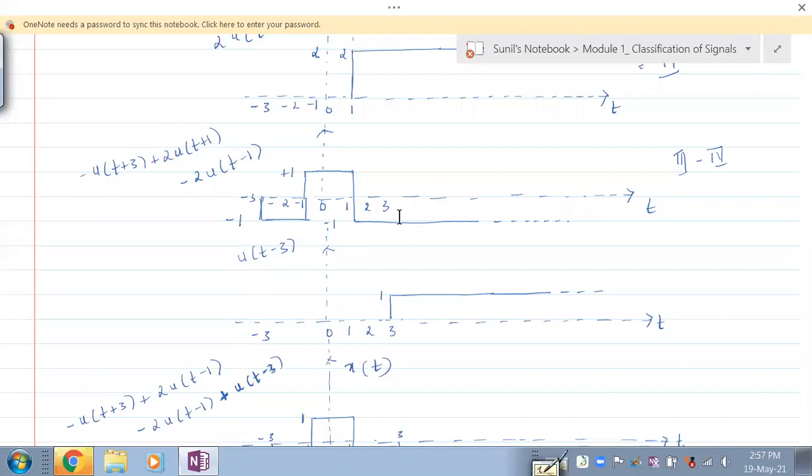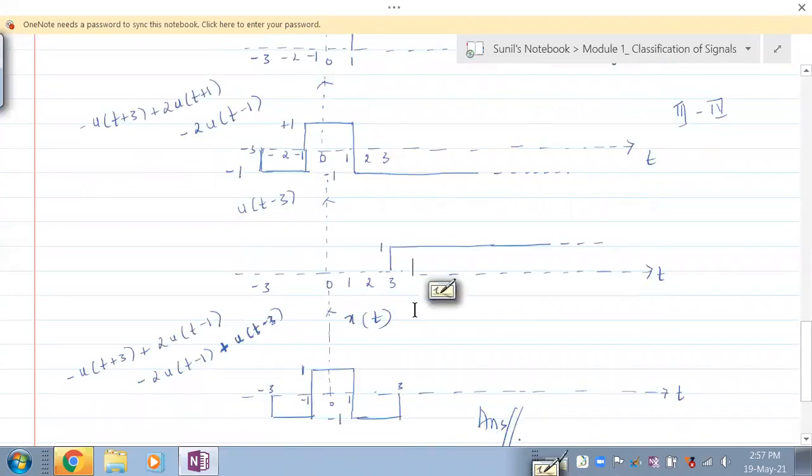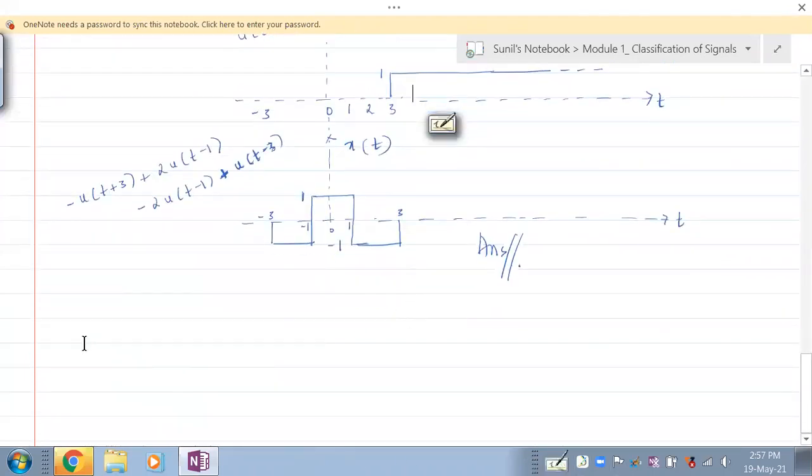Okay, so now let's go on with another sketch. Okay, so that's involving the ramp signals. Fine, so let's go on with that now.